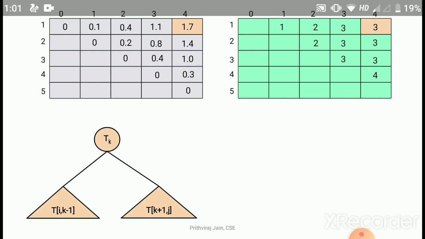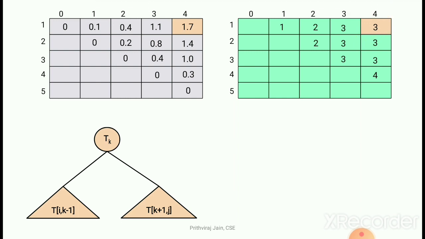The value is 3, the value that we got for position 1 comma 4. So let us take 3 as our root node. Since this is the solution, we consider this value as our root node, the value called r of 1 comma 4.